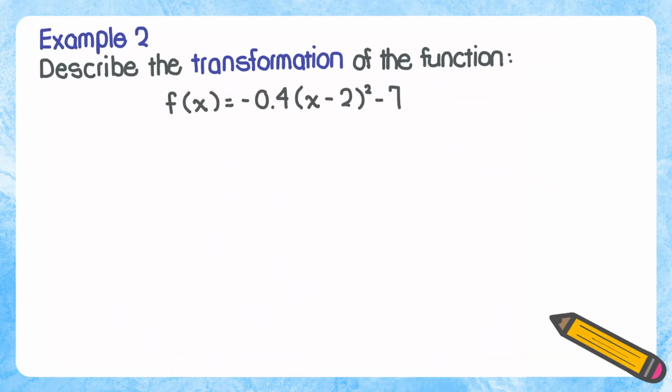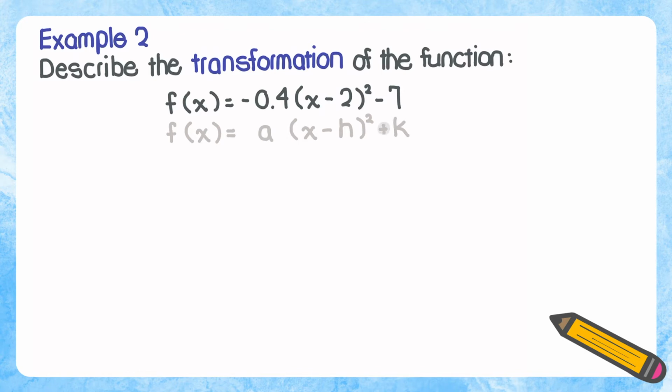For our second example, let's describe the transformation of the function f of x equals negative 0.4 times x minus 2 quantity squared minus 7. Let's compare it to the general vertex form. f of x equals a times x minus h quantity squared plus k.